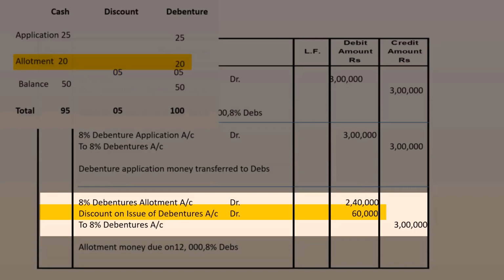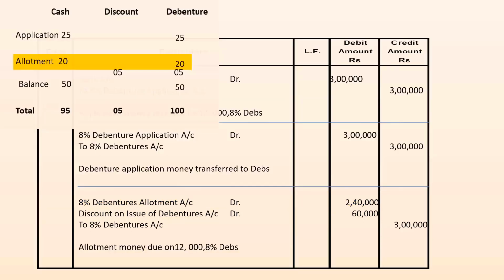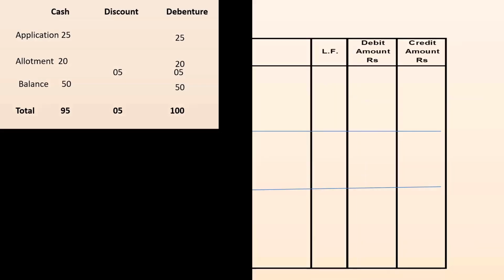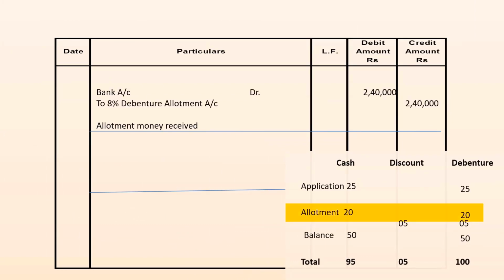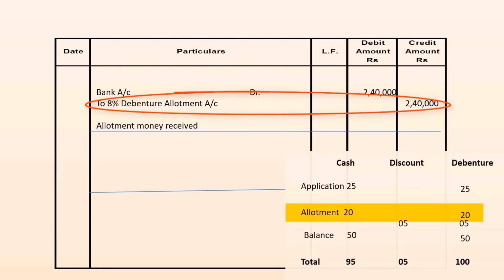Only the amount net of this loss is recorded in the recoverable account, that is the debenture allotment account in this case. Cash net of discount is then received and credited to this recoverable to close the account.